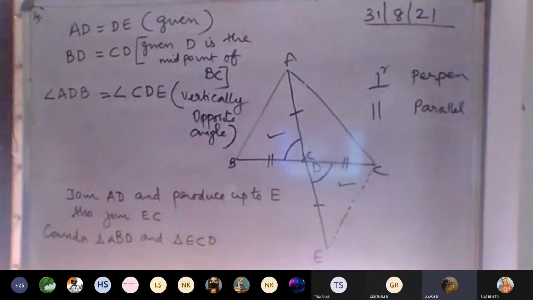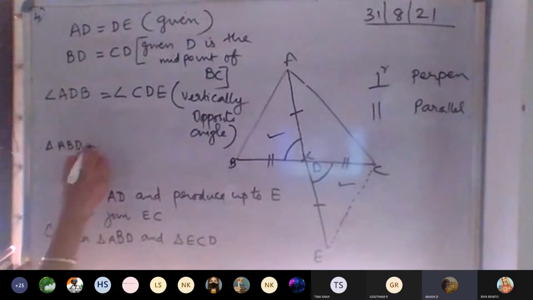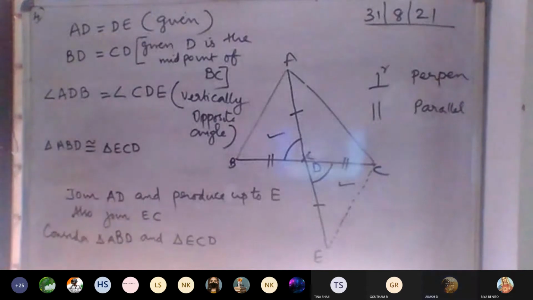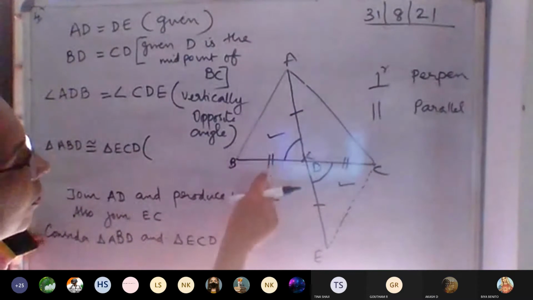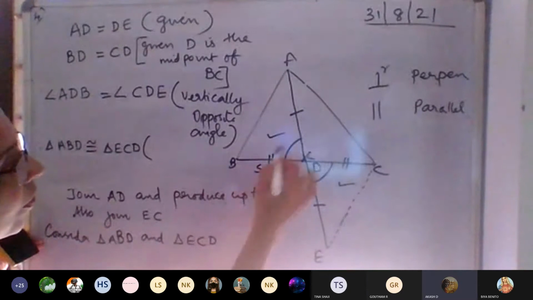Therefore, triangle ABD is congruent to triangle ECD. Which theorem? SAS.